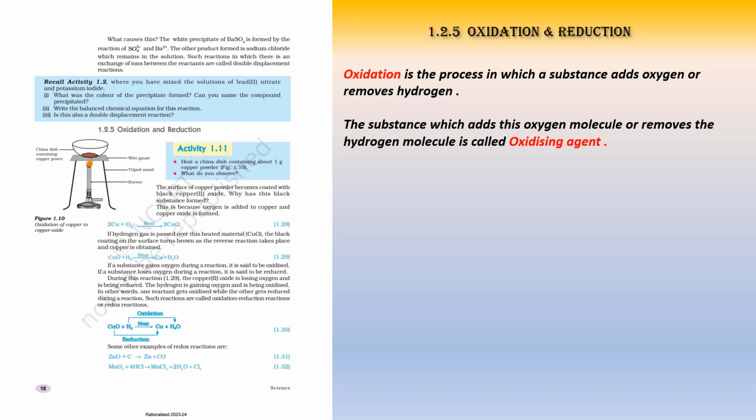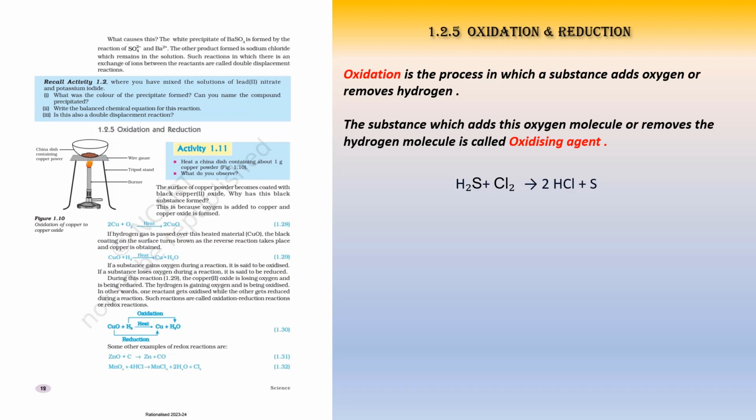What is oxidation? Oxidation is the process in which a substance adds oxygen or removes hydrogen. And the substance which adds oxygen or removes hydrogen is called an oxidizing agent. So let's see an example to understand what an oxidizing agent is.